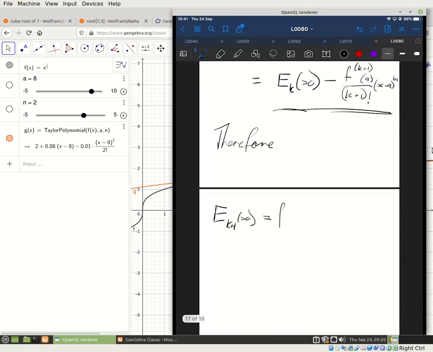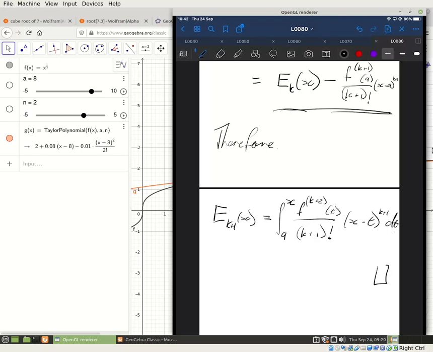So that is the integral from a to x of f^(k+2)(t) over (k+1) factorial times (x minus t) to the power k plus 1 dt.